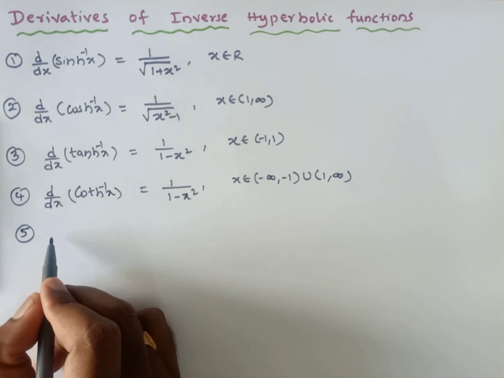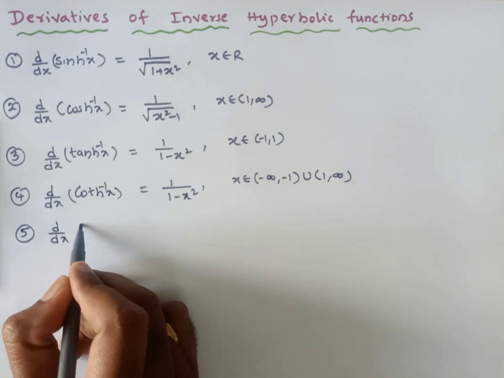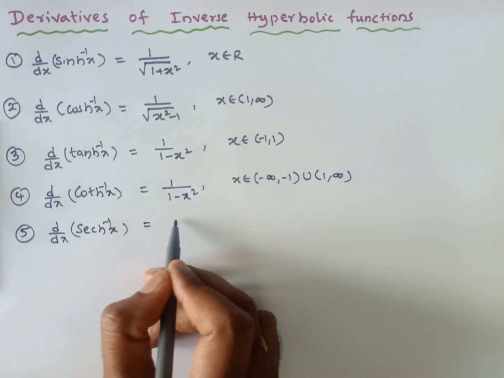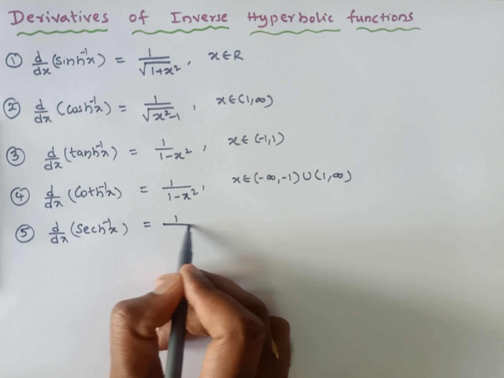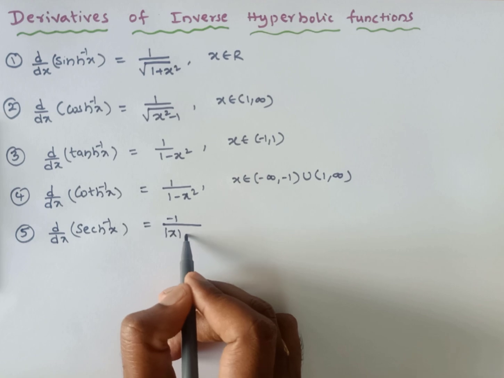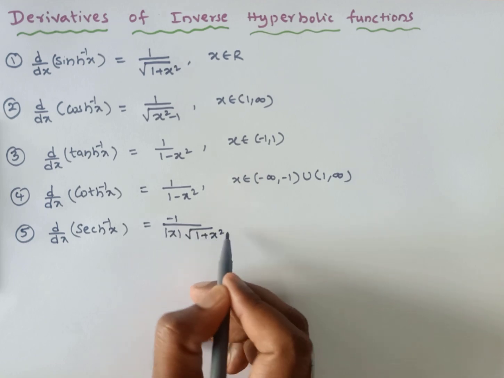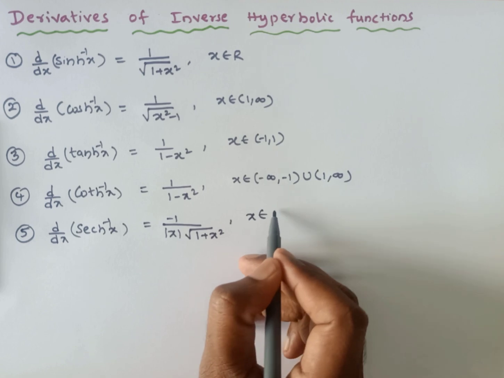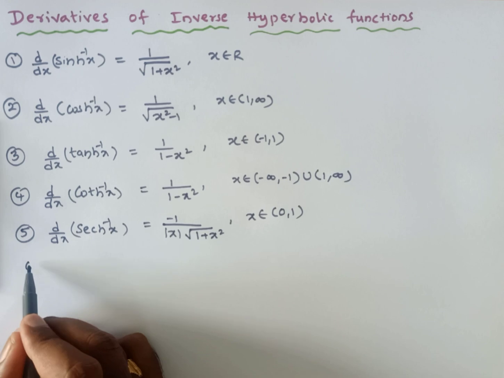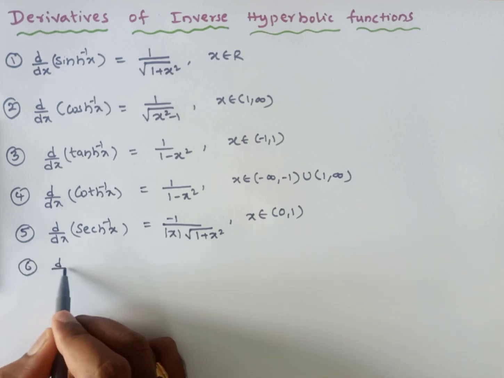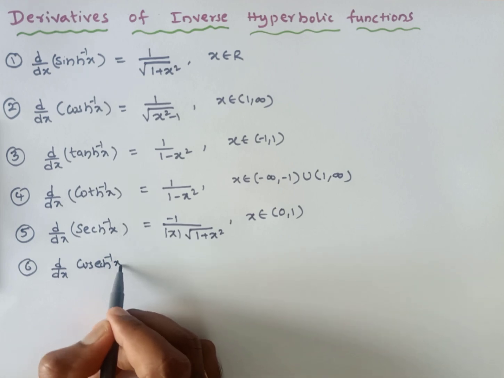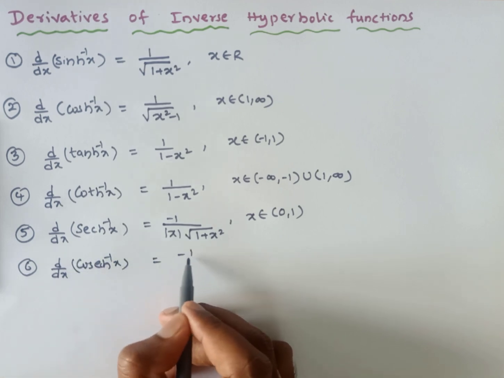And now the fifth one, derivative of sech inverse x. I think it is minus 1 divided by mod x into root of 1 minus x square. Here x is between 0 and 1. Now dy dx of cosech inverse of x is also similar, but the domain is different.